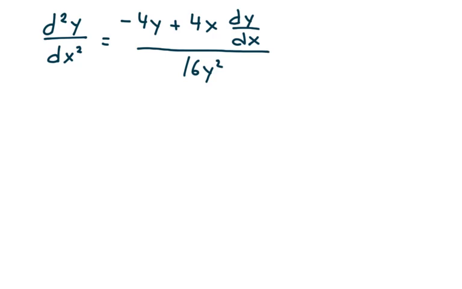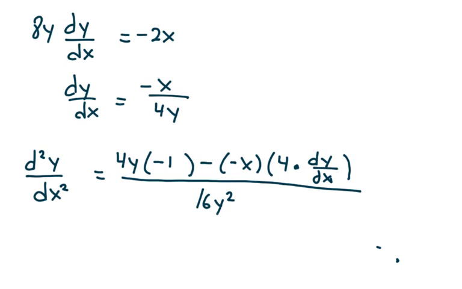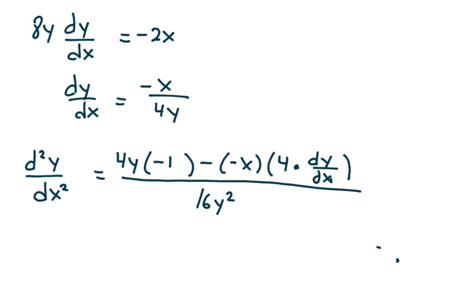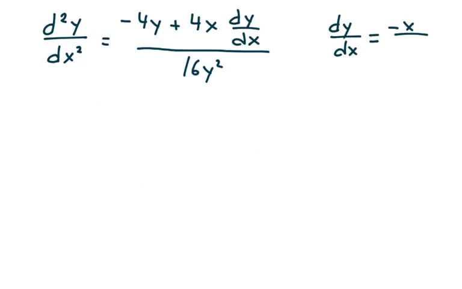Now, remember, dy dx is negative x over 4y. We double check again. Yeah, negative x over 4y. So I'm going to replace dy dx with negative x over 4y.